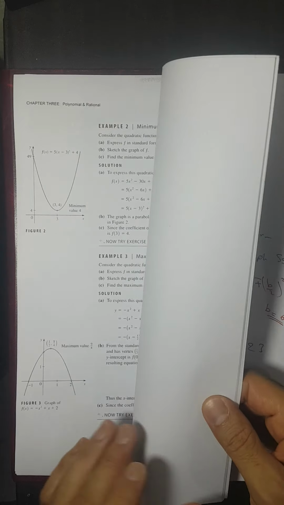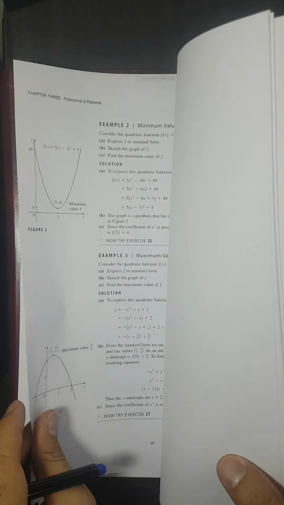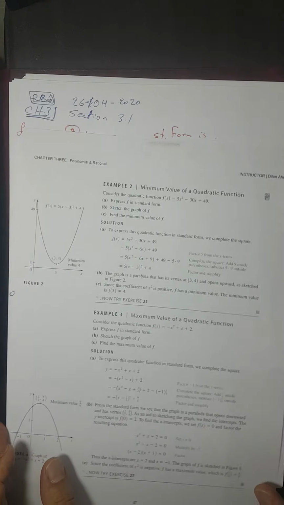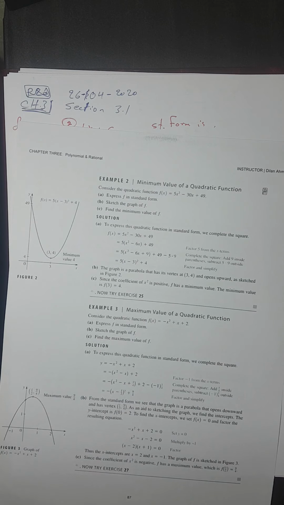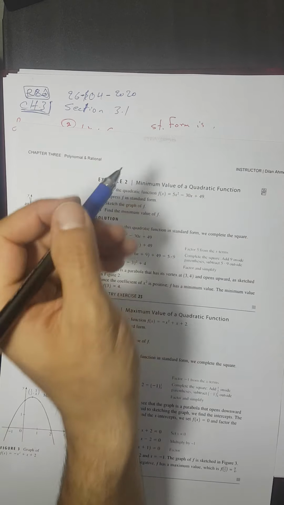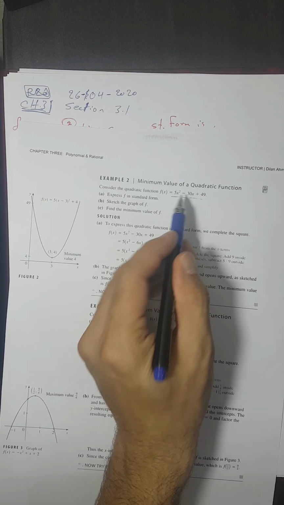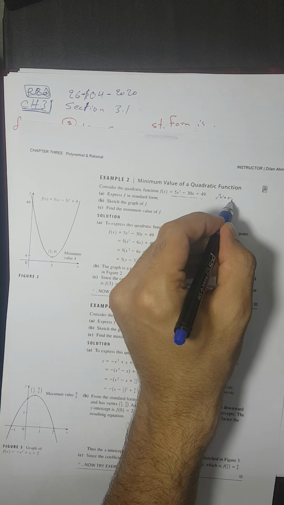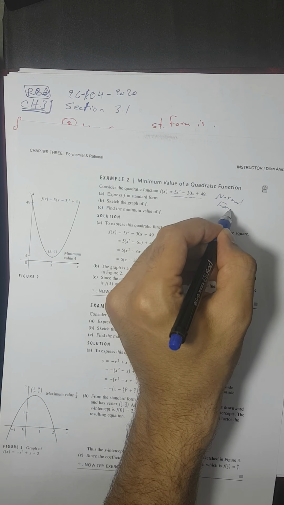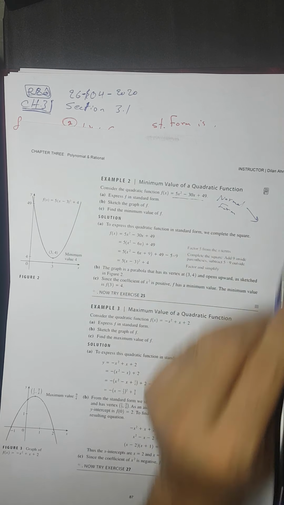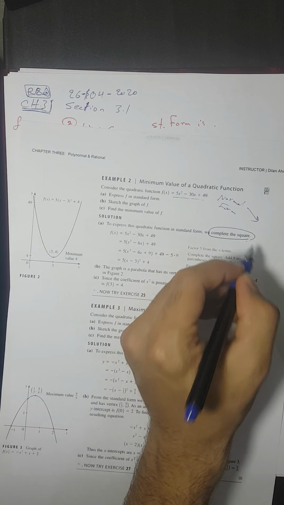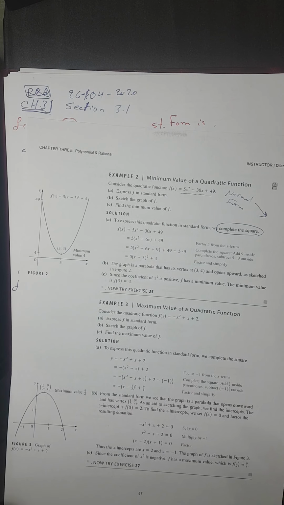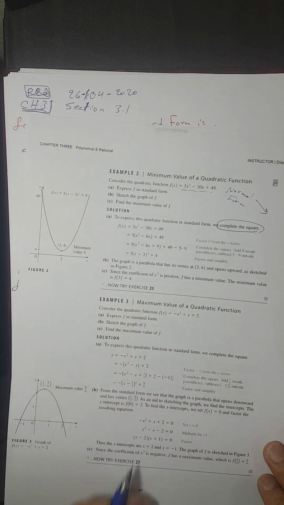Now I'm going to another example, and I will solve this example. It's not the standard form, it's the normal form. So I'm going to translate it to the standard form by using completing the square. We will do it again together, again and again.